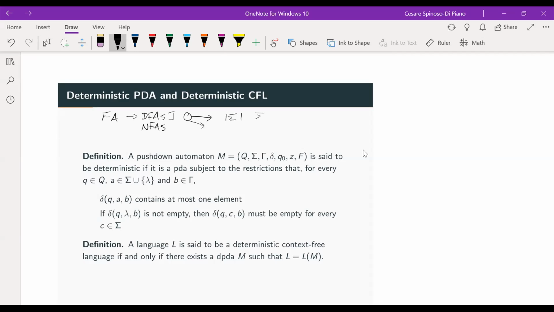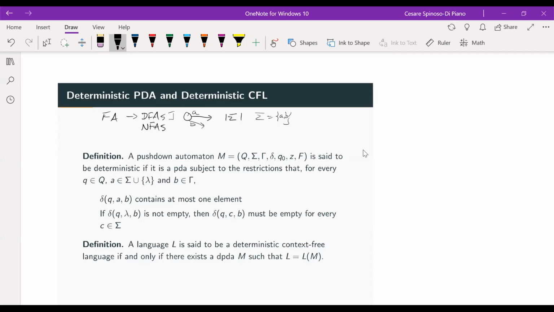So what does that mean? That means like if sigma was {a, b}, then for each state, you would have to have exactly 2 transitions, one for a and one for b, right? So that was a deterministic finite automaton.